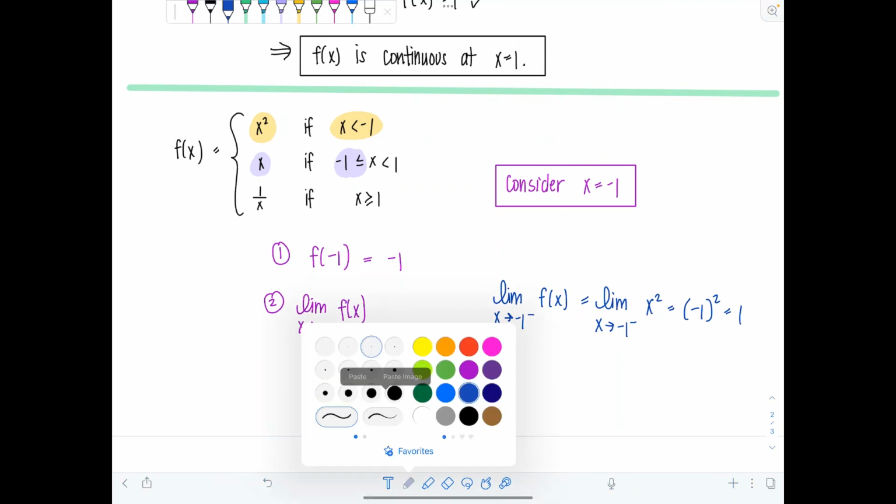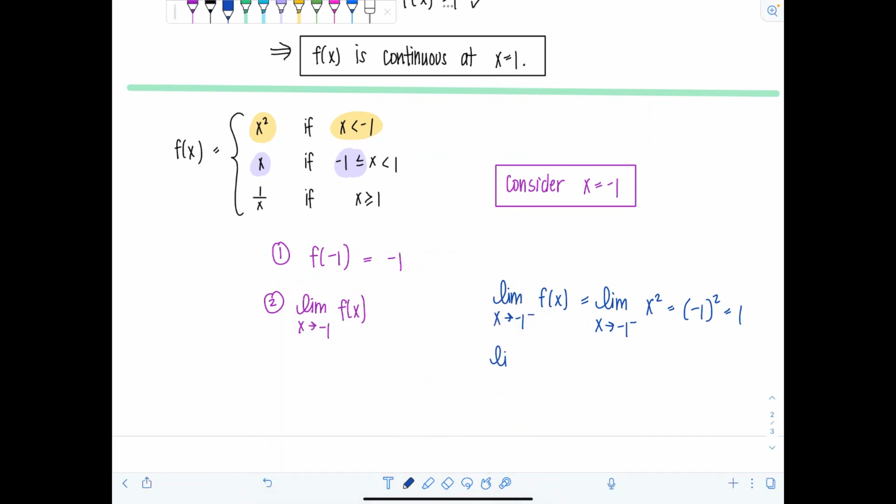From the right, that's the limit as x approaches negative 1 from the right of f of x. From the right, f of x is just equal to x. So that's negative 1. Well, in this case, notice the limit from the left is equal to 1, whereas the limit from the right is equal to negative 1.